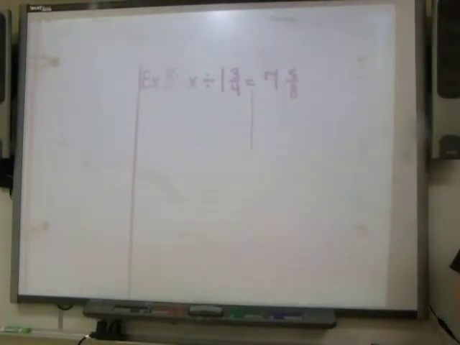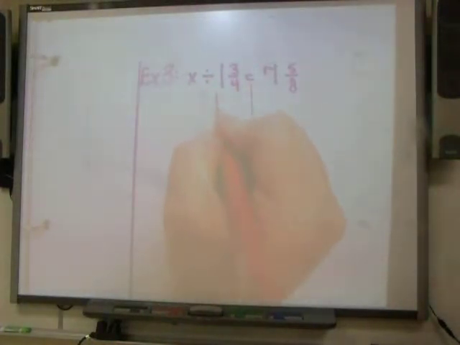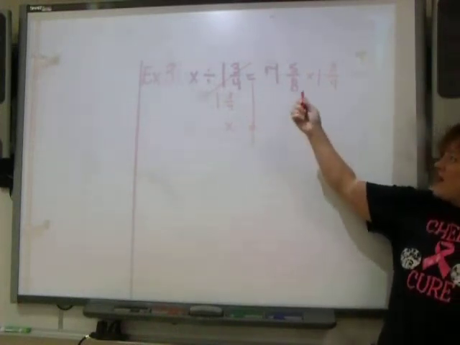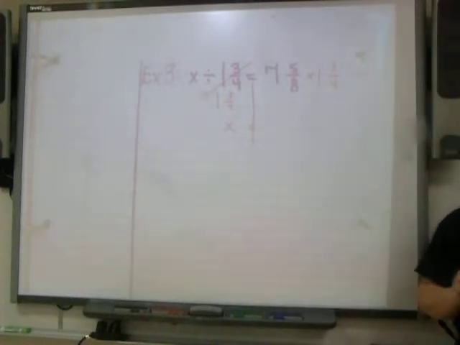What I do to one side, I have to do to the other. What I ask myself is, what has been done to x? It has been divided by 1 3/4. What's opposite of divide? I'm going to multiply both sides by 1 3/4. That cancels and leaves x by itself on this side. I isolated the variable on this side, and so now what I have to do is solve this problem.